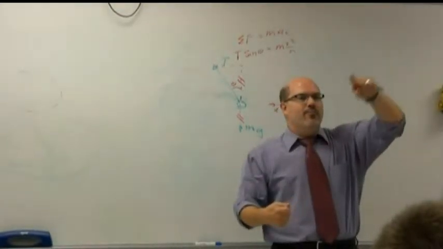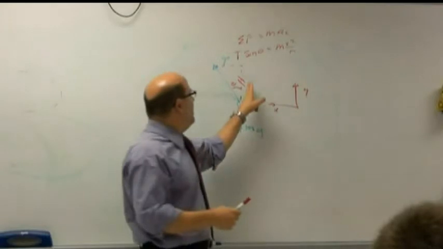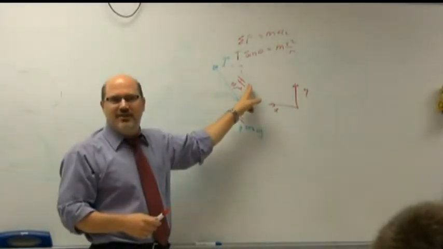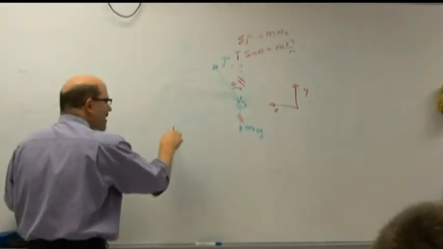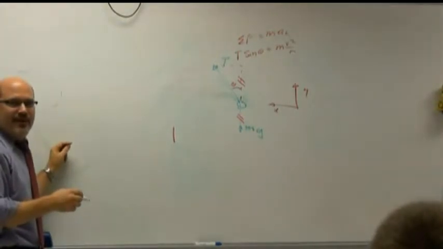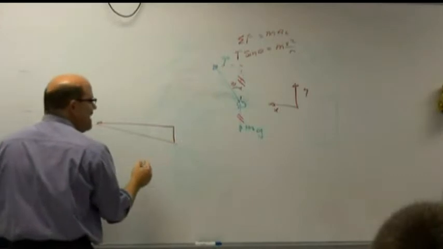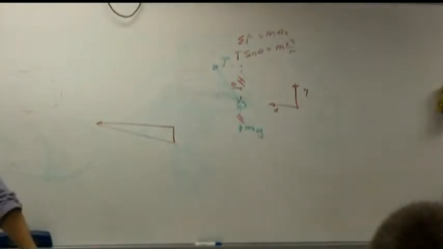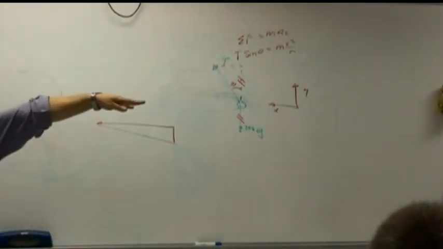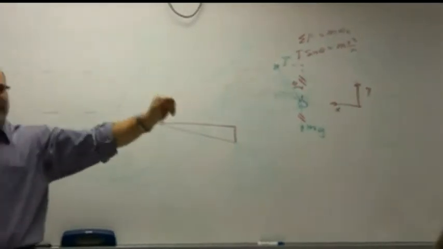But does this part of the tension change? No. Okay, so while this part of the tension stays the same, this part of the tension has to get bigger. So what does that mean for the ball? Right. It rises up. Because the vertical part has to stay the same size.